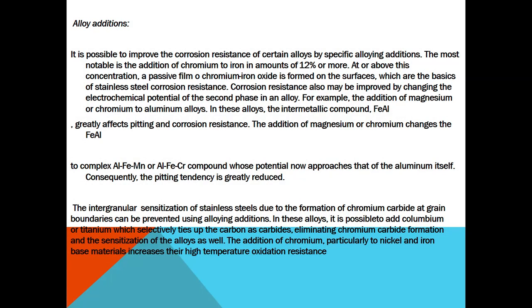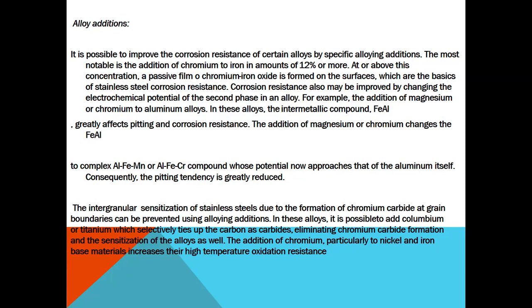Alloy additions. It is possible to improve the corrosion resistance of certain alloys by specific alloying additions. Greatly for stainless steel, a chromium percentage above 12% leads to corrosion resistance.